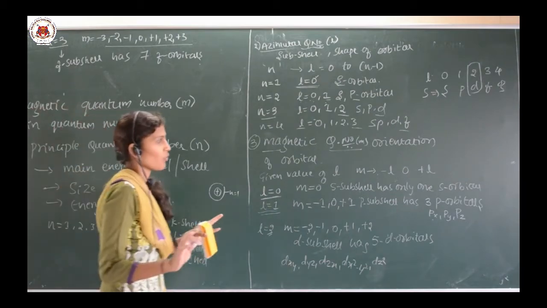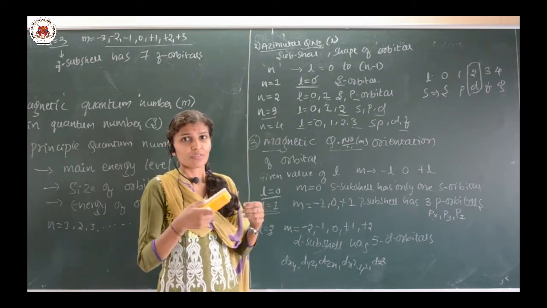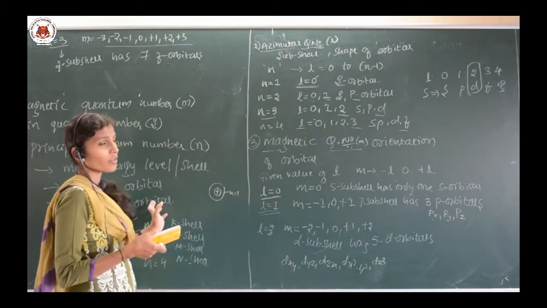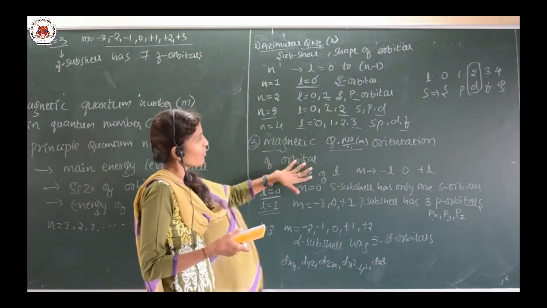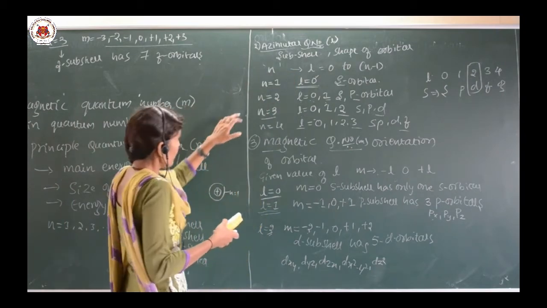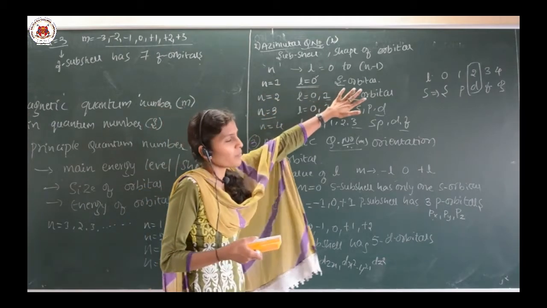One more time I am telling you, the quantum numbers depend upon one another. See here, the azimuthal quantum number depends upon the principal quantum number. And the magnetic quantum number depends upon the azimuthal quantum number. So, if n is equal to 1, then l is equal to 0, it shows the s subshell or s orbital.